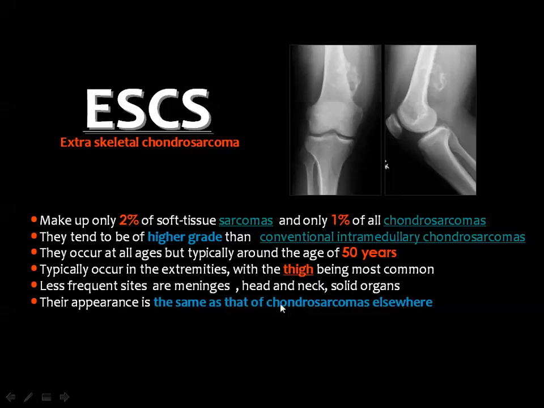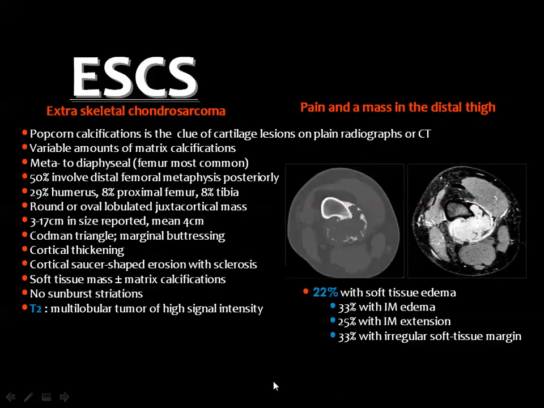Less frequent sites are the head and neck, meninges, and some of the solid organs. The appearance is almost similar to chondrosarcoma anywhere in the body. And these are some of the facts about this particular tumor, which is extraskeletal chondrosarcoma.